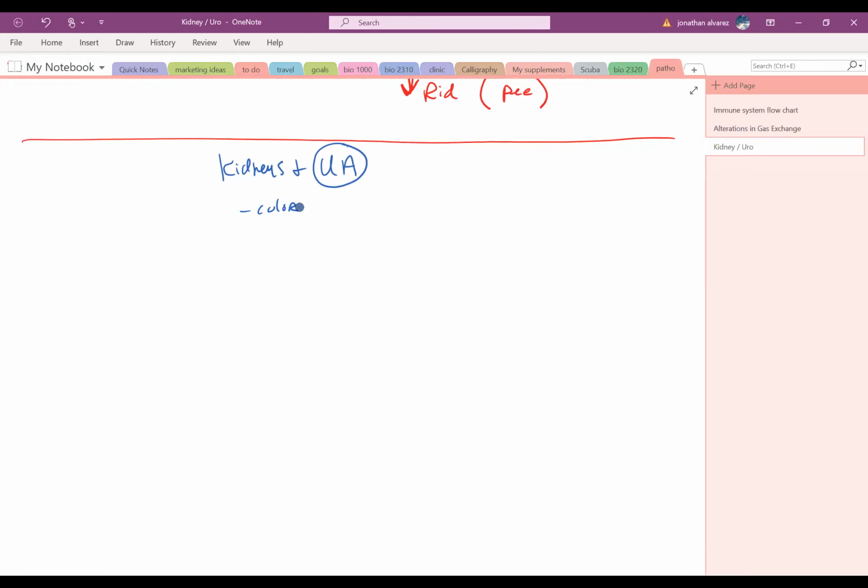So if it's red or a very dark red amber color, not good. Something's going on. You want to look for pH. To keep it simple, 6.5 to 7.5 is a good range to be in.